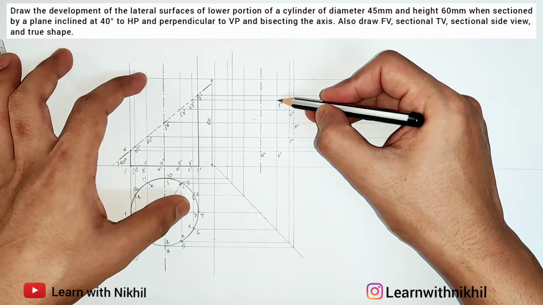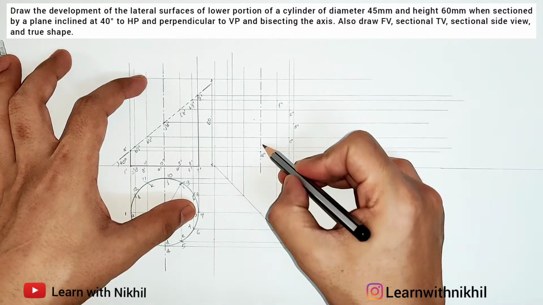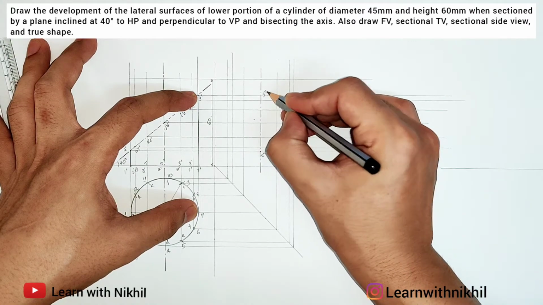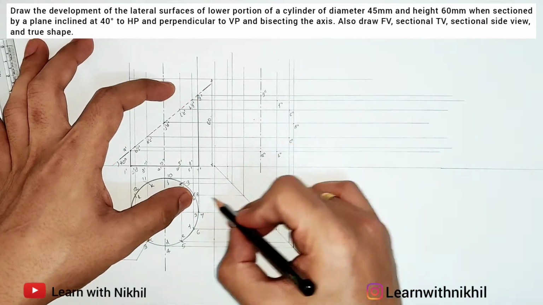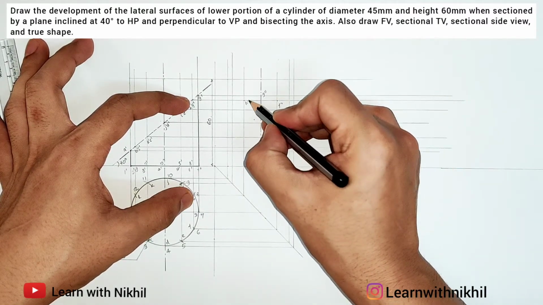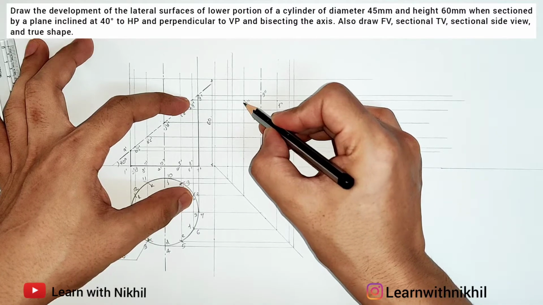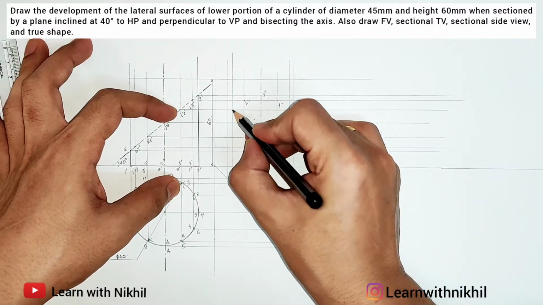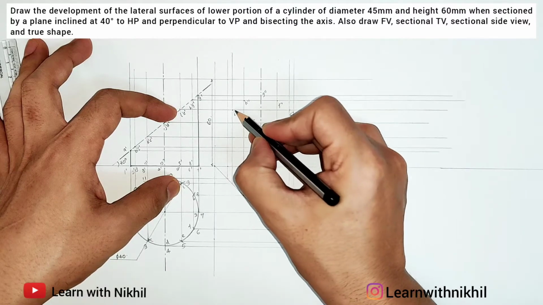Now moving forward, this is point G and G dash, this will be G double dash. Then H from the top view, H dash from the front view, this will be H double dash. Then I from the top view, I dash from the front view, intersection will be I double dash.